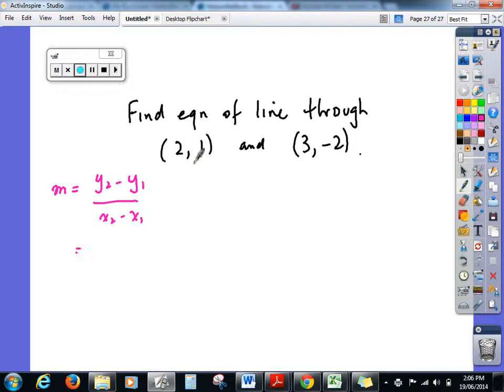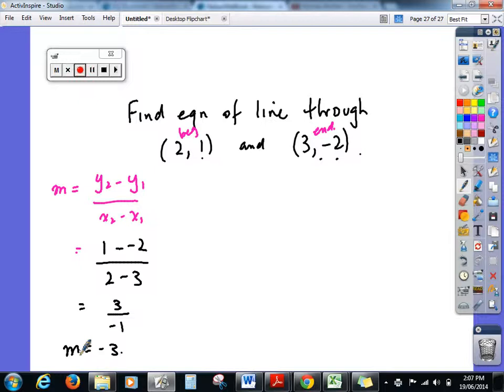So let's do, this is the beginning point, and this will be our ending point. So we get this going as 1 take -2 on the top, and 2 take 3 on the bottom. So the answer would be 3 on the top at -1, so it's -3. So now we've got a gradient. So the gradient is -3.